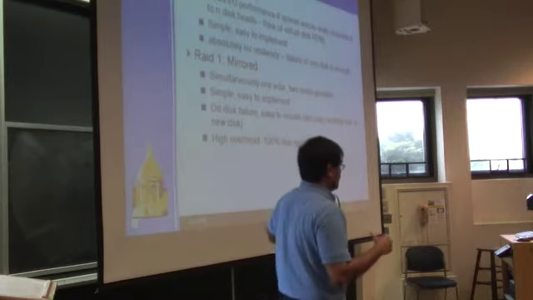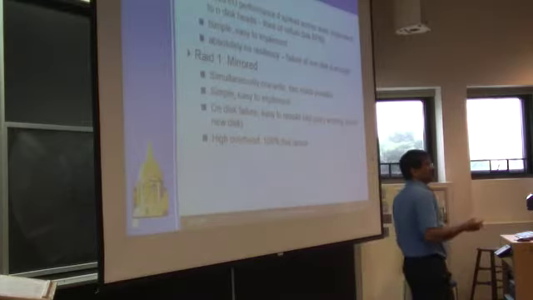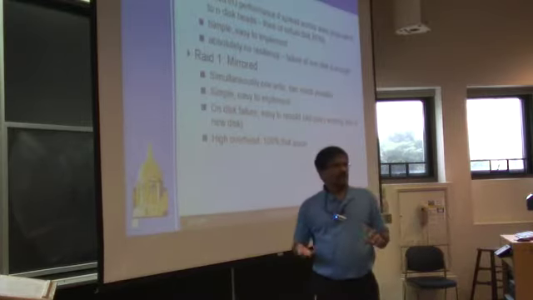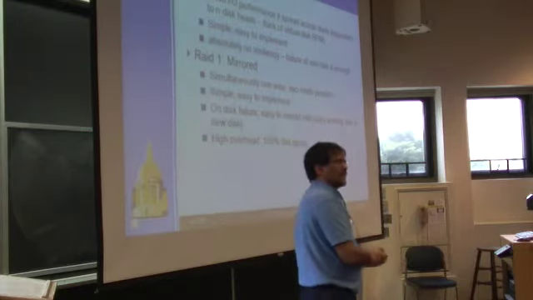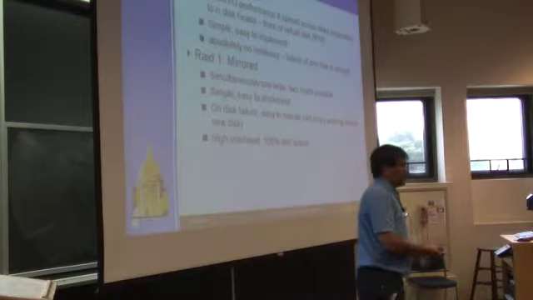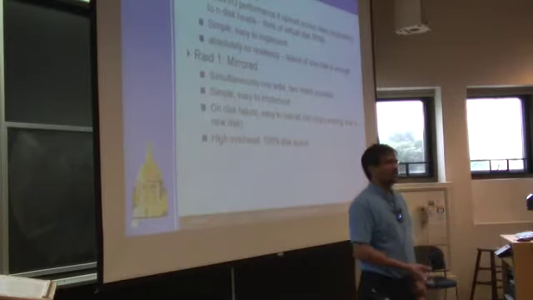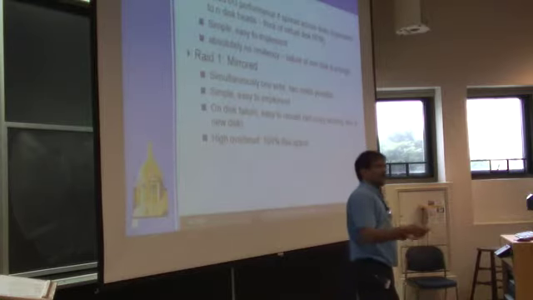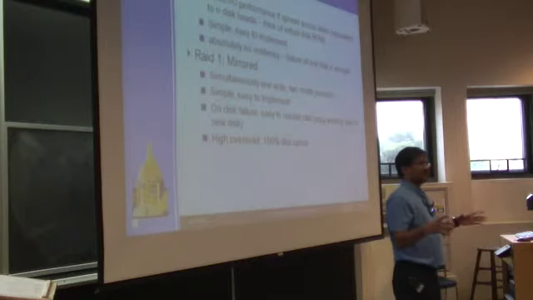The notion is there are different RAID levels which offer different sorts of performance. RAID 0, which some would argue is not a RAID because it does not give you any redundancy, is the notion of striping, right? Essentially, if you assume these are the 4 hard disks in a system and you make them into RAID 0, you attach all of them to make one large file system, right?